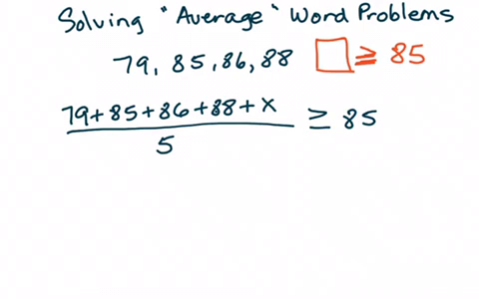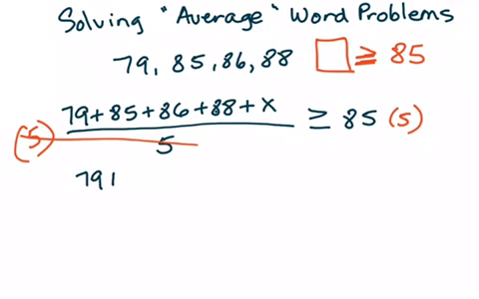All right, so the first thing I'm going to do is get rid of that 5. I always have to get rid of the denominator. So to get rid of a denominator, I multiply on both sides by the number. So now that goes away. So now I have 79 plus 85 plus 86 plus 88 plus x has to be greater than or equal to 425.